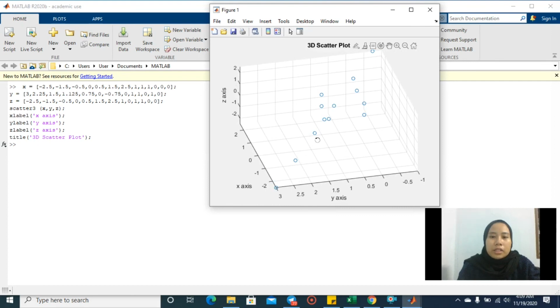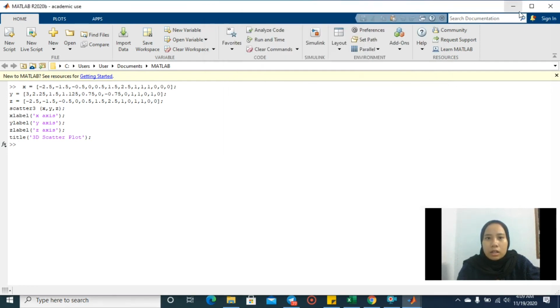This is the straight line that we got, and these are the coordinates for x1, x2, and x3: 111, 110, 010, 101, 001, and lastly 000. That's all. Thank you from me.